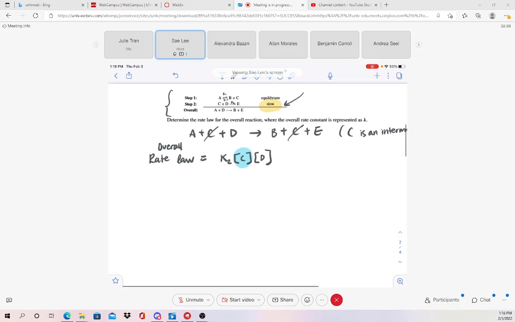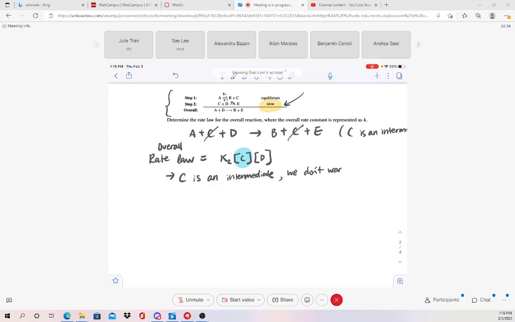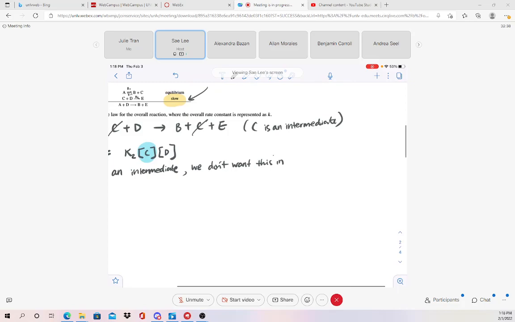Okay, so I'm going to write a note here. C is an intermediate. We don't want this in the rate law.